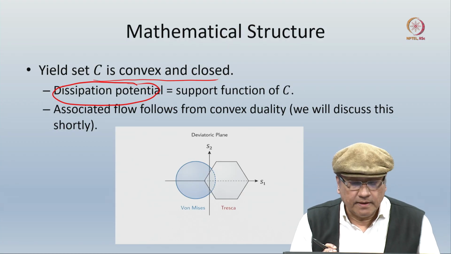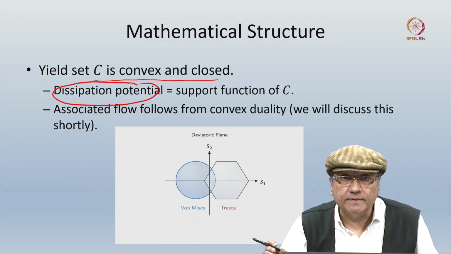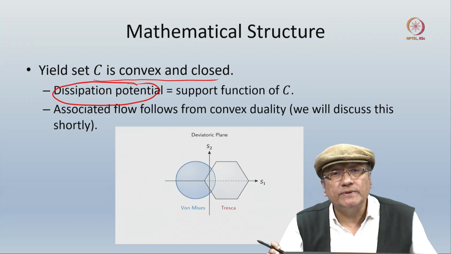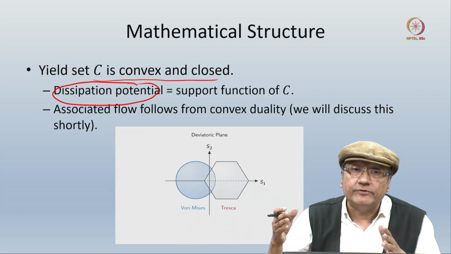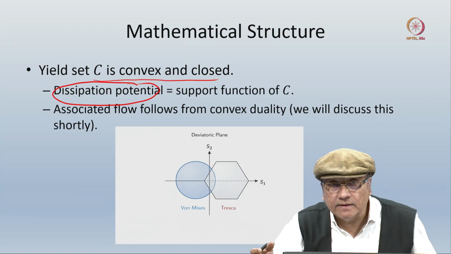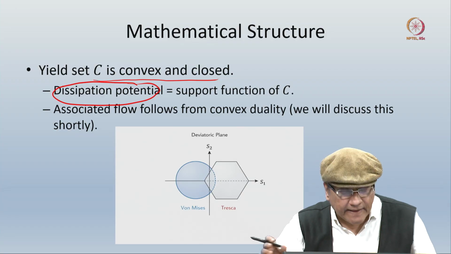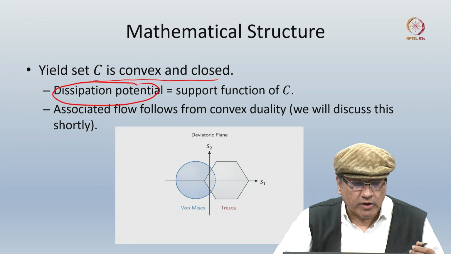The associated flow, the flow rule for example, is a relationship between the stress and the plastic strain rate. So we need to carefully define the plastic strain rate first in the context of small deformation and then go to that. So it is still premature to talk about flow rules.